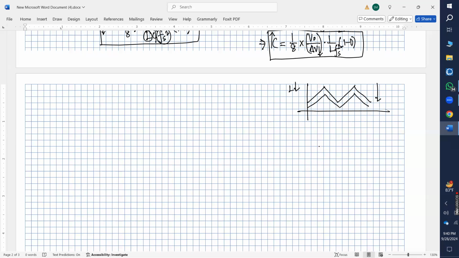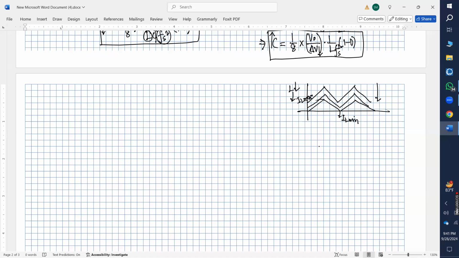And if you further keep the L value lesser, then this current will come like this. So now this is your IL max, right? This is your IL min, right?